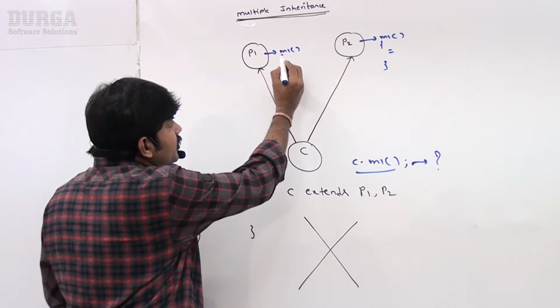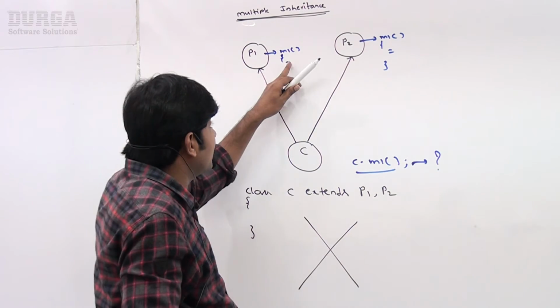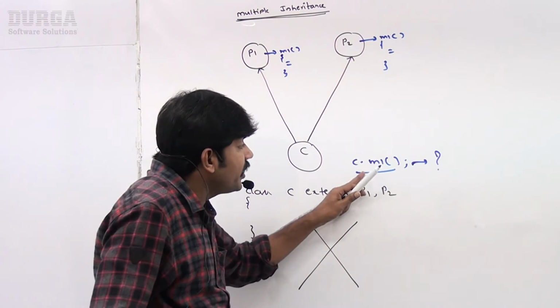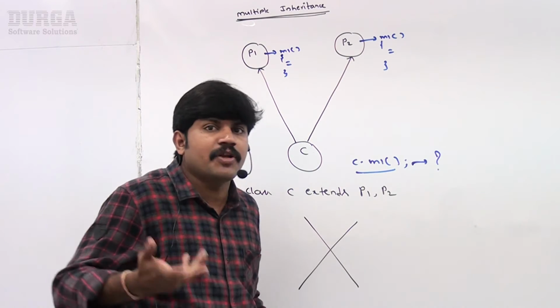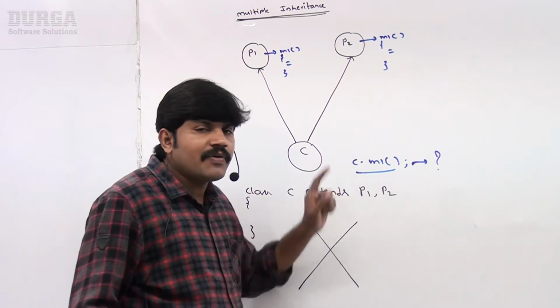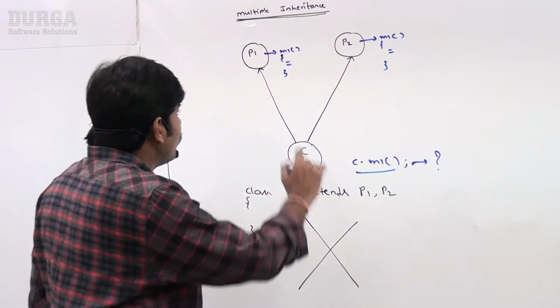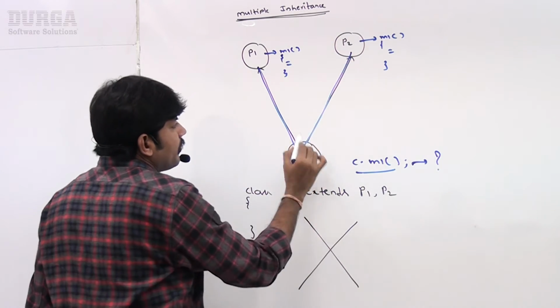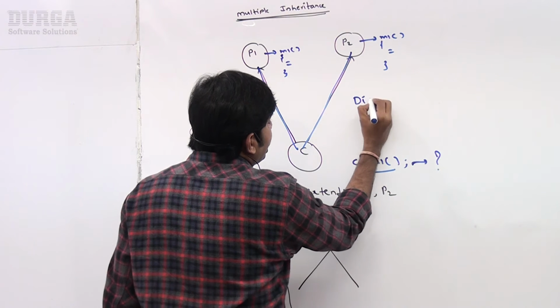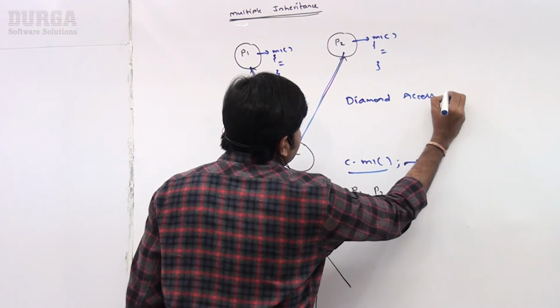Okay, so if more than one parent class contains the same method, then on the child, if I'm calling that method, which m1 method has to come? There is no way to resolve. That's why Java won't provide support for multiple inheritance. Sir, do you know this is a problem?